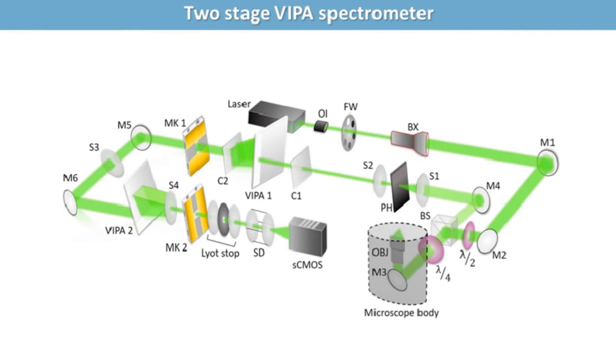So with this setup that we have implemented in our lab, we're using a green diode laser combined with an inverted microscope, and the scattered light here is analyzed through a two-stage VIPA, as you can see, and there are optical masks to select the peaks that are analyzed and measured through an sCMOS camera.